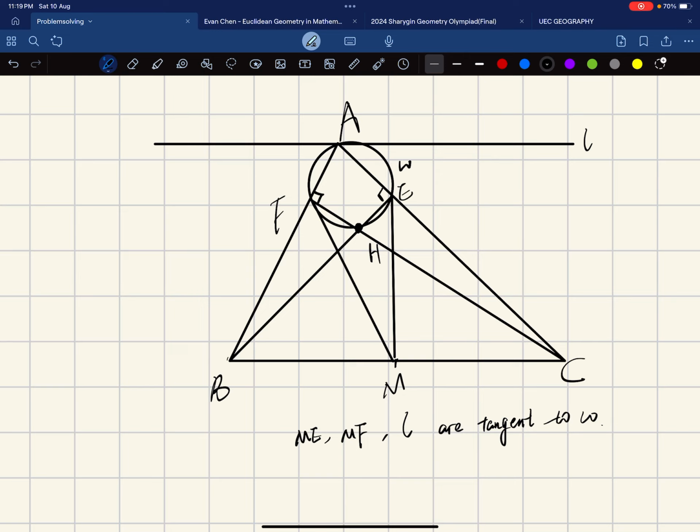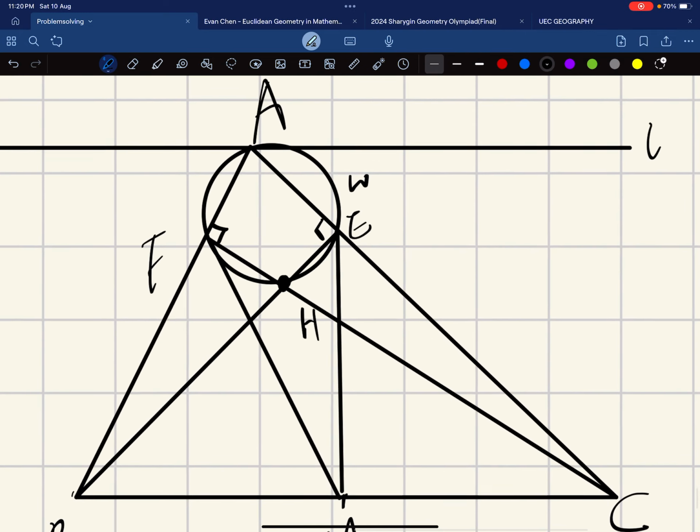And AH is the diameter. And we can easily know that AH is perpendicular to BC. Then it is perpendicular to L. Then we have L is tangent to omega. And then how can we prove that ME and MF are tangent to omega? We just need to prove one of these.